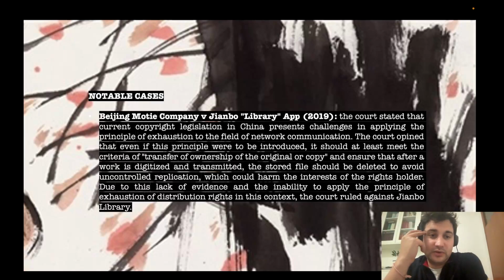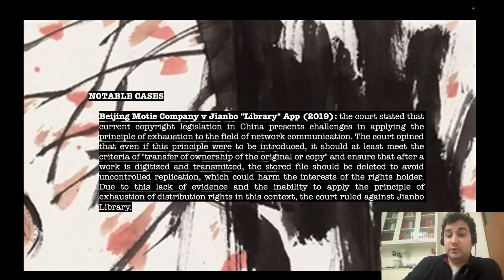A notable case is Beijing Motier Company versus Jumbo Library App, in which the court stated that the current copyright legislation in China presents challenges in applying the principle of exhaustion to the field of network communication.